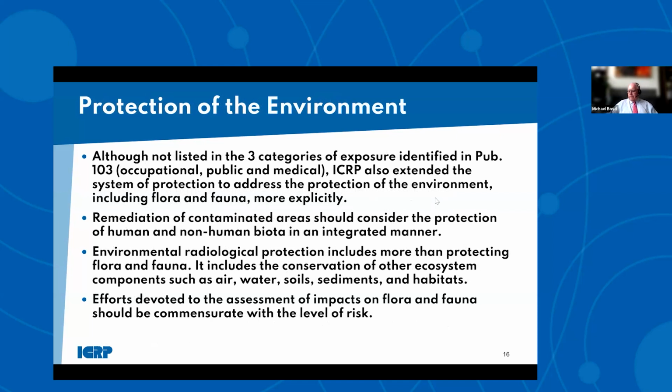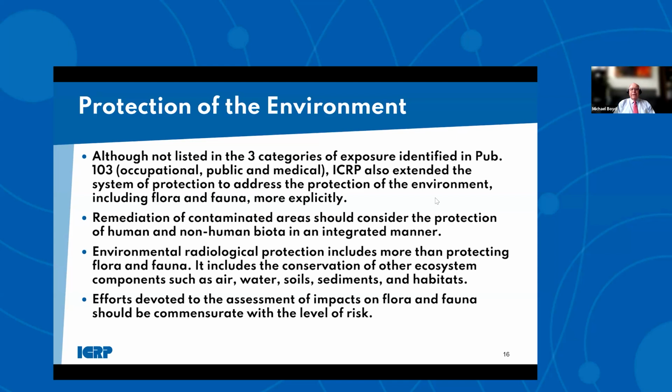For protection of the environment, although not listed in the 3 categories of exposure identified in publication 103, ICRP also extended the system of protection to address the protection of the environment, including flora and fauna, more explicitly, noting that remediation of contaminated areas should consider the protection of human and non-human biota in an integrated manner.